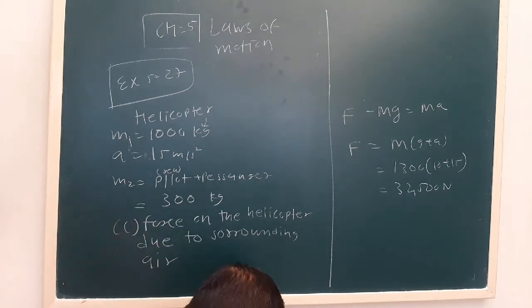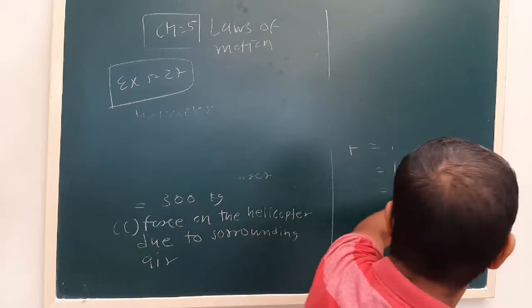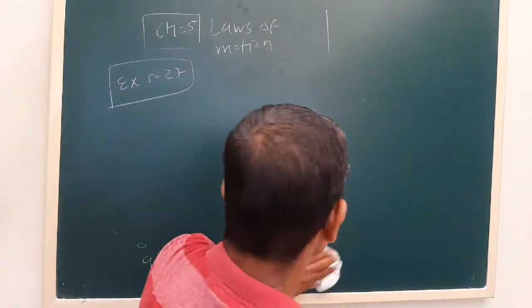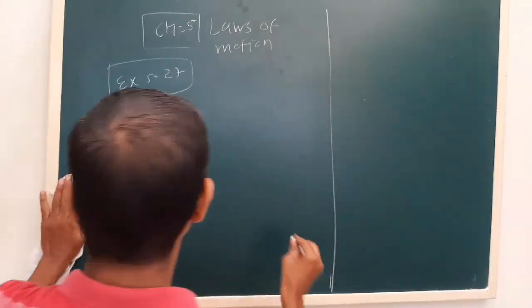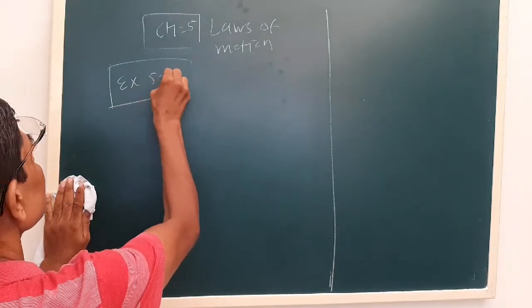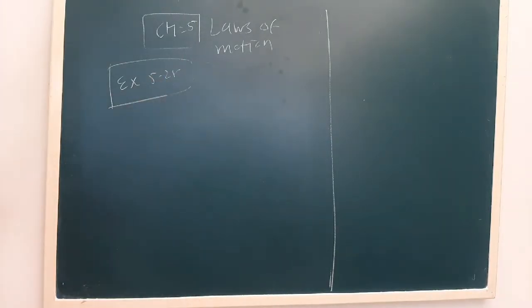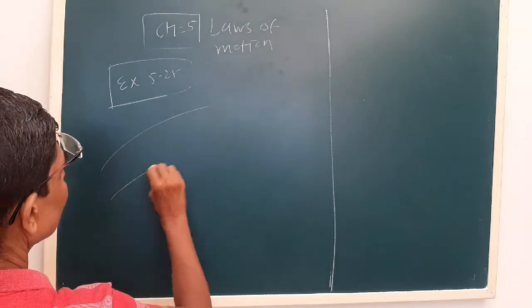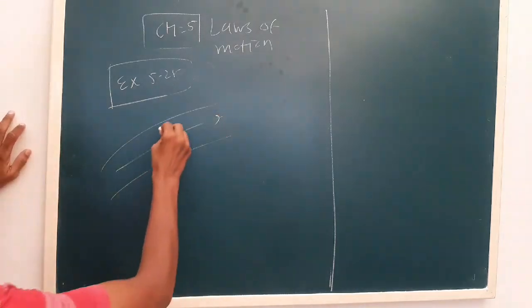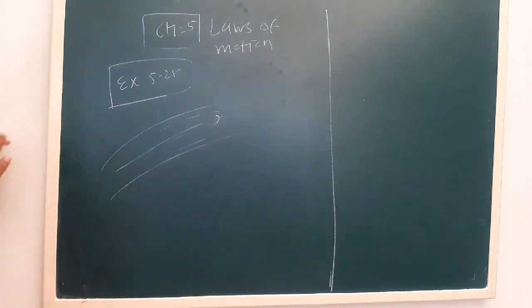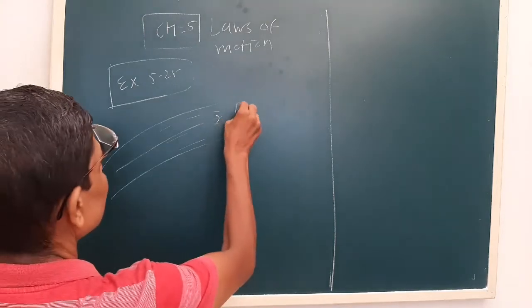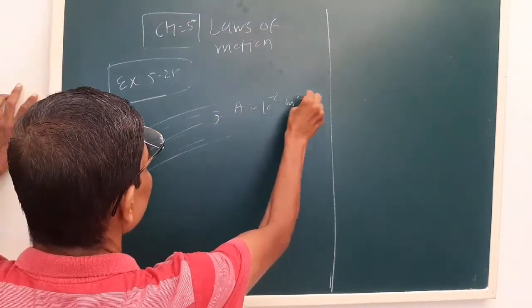Now see, our next question, next sum is exercise number 5.28. Now see, let us say tube is like this. See, from that water is coming out. Okay, area of the tube 10 to the minus 2 meters square.